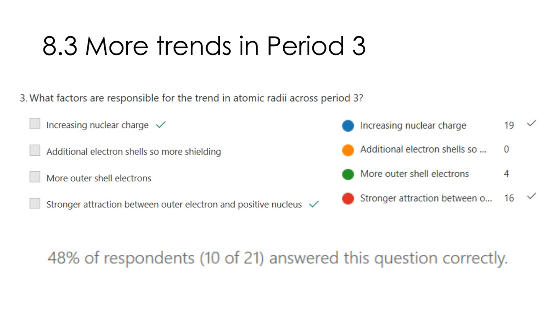As you go across period 3, there are indeed more outer shell electrons, but that doesn't have any bearing on the attraction between them and the nucleus. If you put that as one of your answers, then you automatically got it wrong, even if the other one was correct. More of you put the increasing nuclear charge, but some of you put that just by itself, and some of you put the stronger attraction between the outer electron and positive nucleus just by itself.